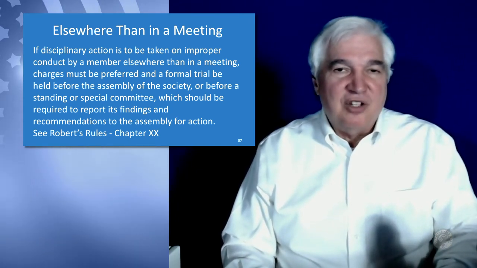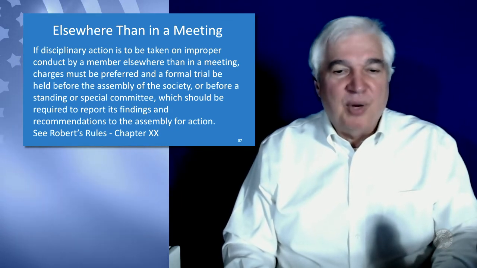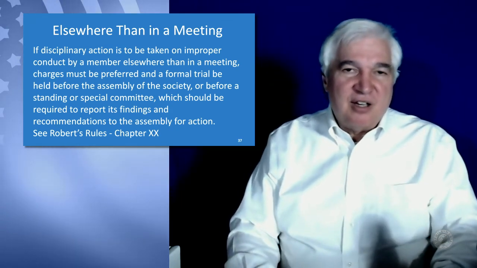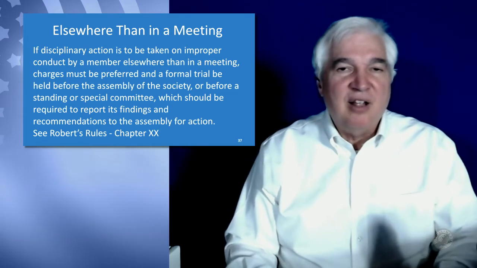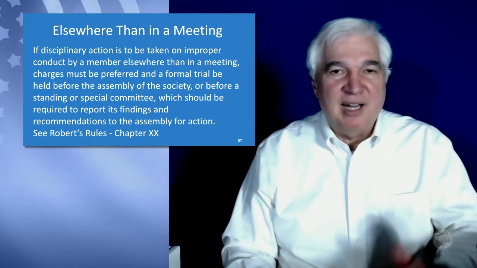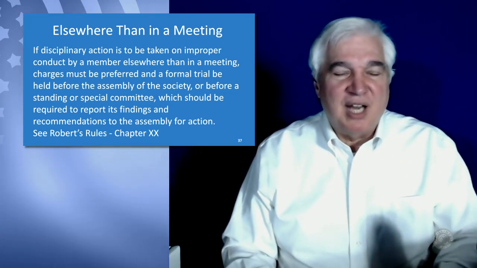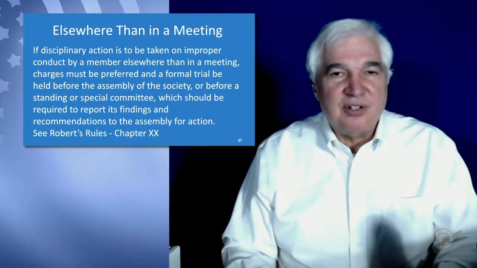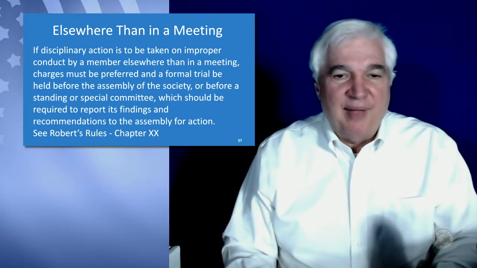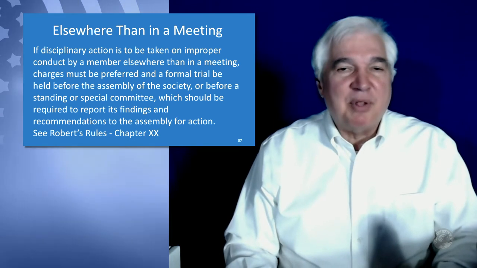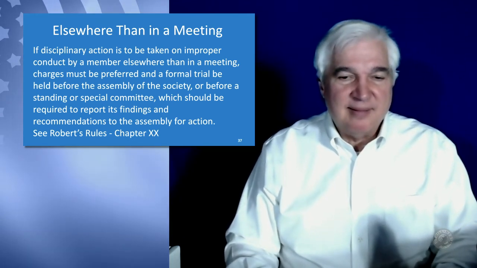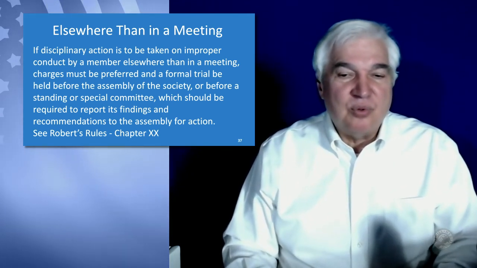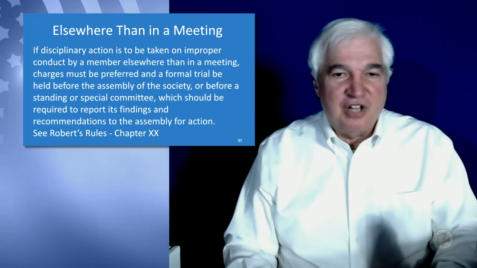If you don't, then the chair can appoint an ad hoc committee to conduct what they refer to as a trial, where you talk to both parties and you understand the details of what transpired, and come up with a recommendation on what should be done about this. And this is all in Robert's Rules, chapter 20.